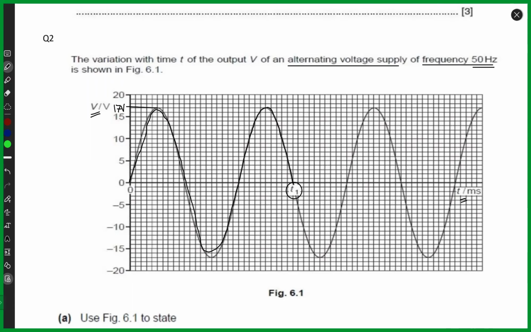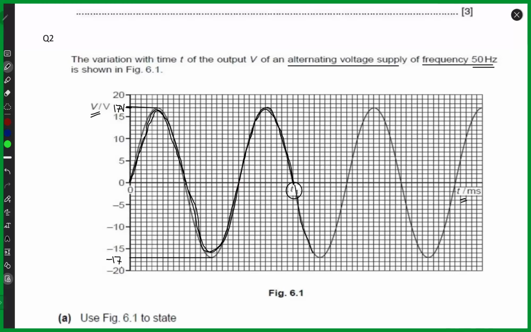Exactly. Because in this case we have plus 17 and here we have minus 17. So if I take the average of this, it would be 0. Or another way is that for whatever is up, there is an equal and opposite part of it down as well.